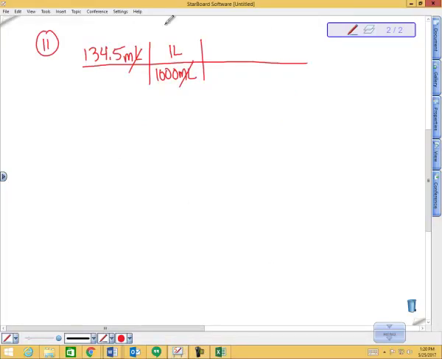The very first thing I've got here is the liters. They want moles. So what conversion are you thinking in your head if you're on liters and you need to go to moles? Very good, 22.4. That's how many liters are equivalent to 1 mole of gas at STP. So cross-cancel units: 22.4 liters goes down, 1 mole goes up, because you have to cross-cancel your liters.